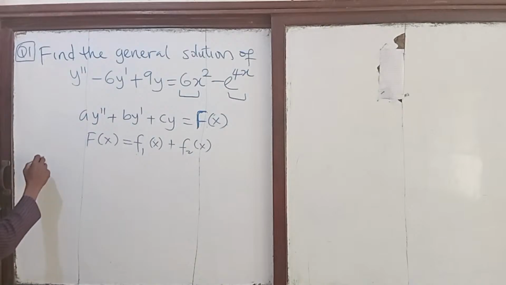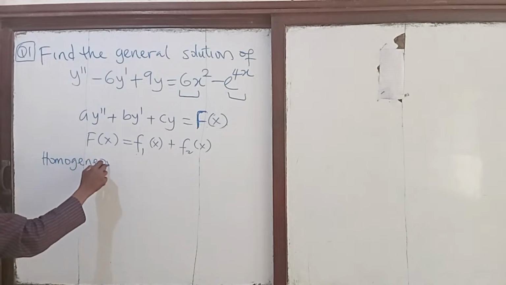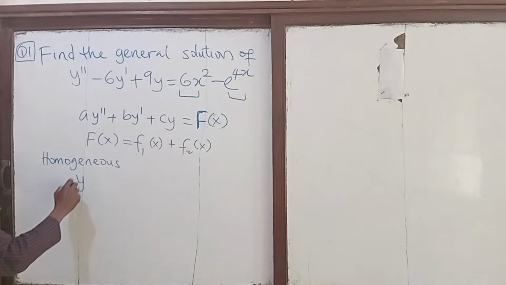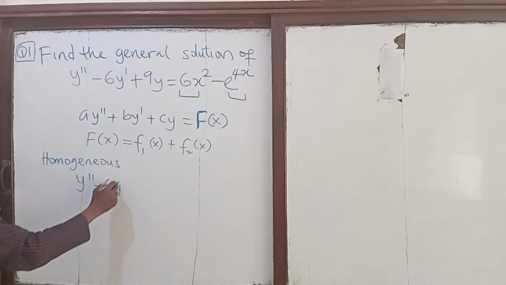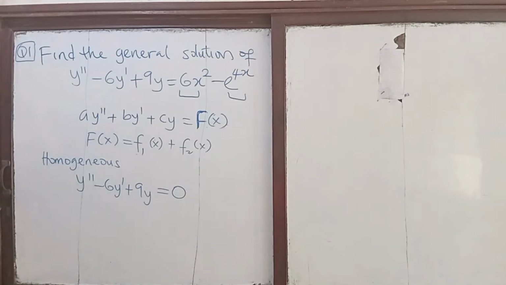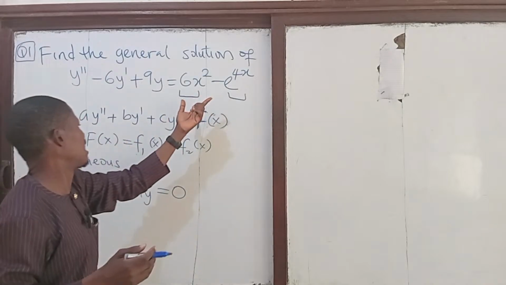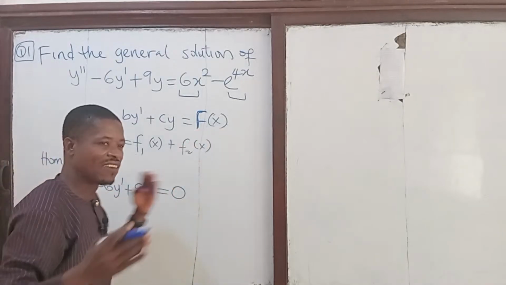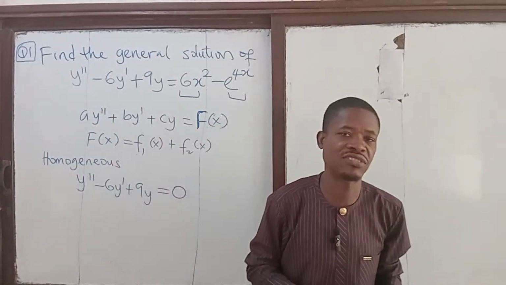The homogeneous part is the left-hand side of the differential equation. The non-homogeneous part is this f of x, which has several functions.